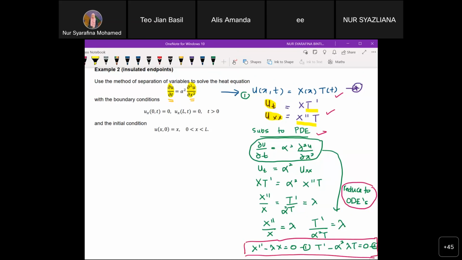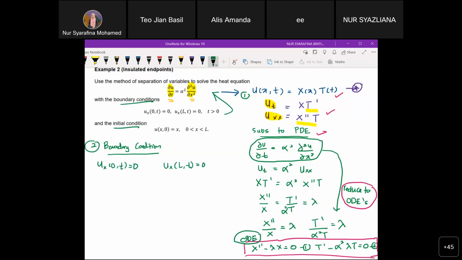Before you can solve, you need to proceed to the second step, where you have to form the boundary condition, because this condition is given for the PDE. But now we have ODE, so we need to have the condition for this ODE. Okay? For this case, the given condition is ux 0t equals to 0, and ux lt equals to 0.